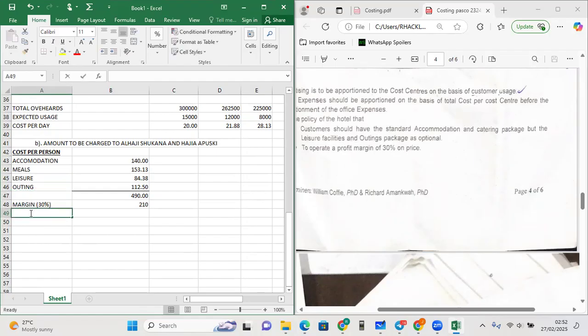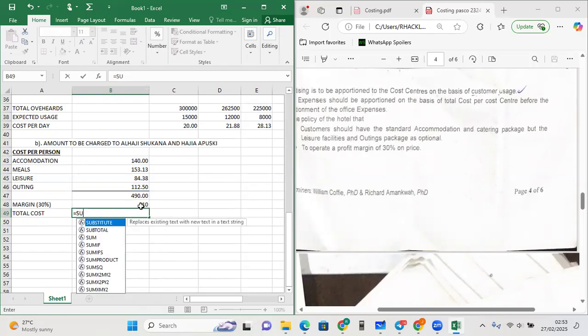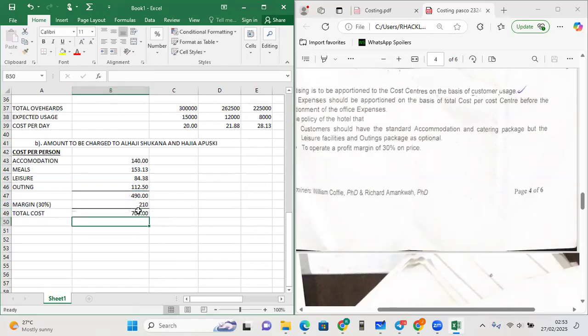The sum of this is 700. That's the cost per person.